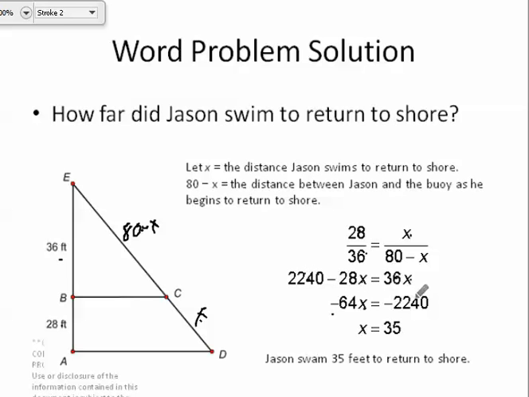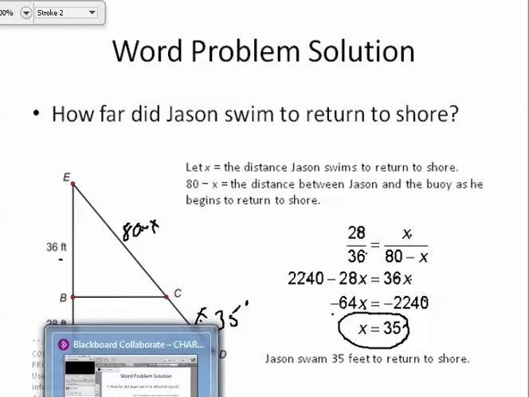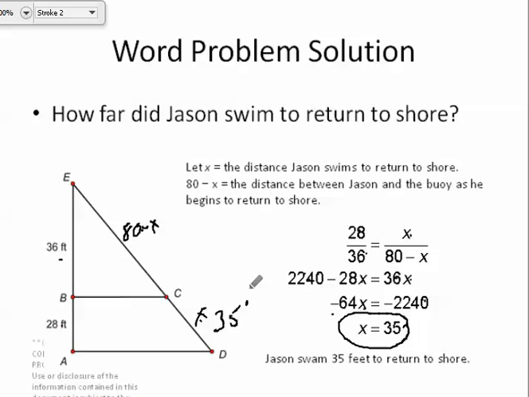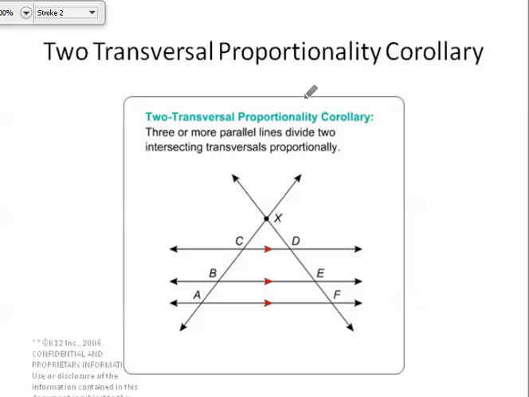And they get negative 2240 over here, and then they divide by negative 64, and we wind up with 35 feet. That means that this distance here is 35 feet. Everyone see how I did that, how I set that up? Wow, well that actually could have some bearing to real life.